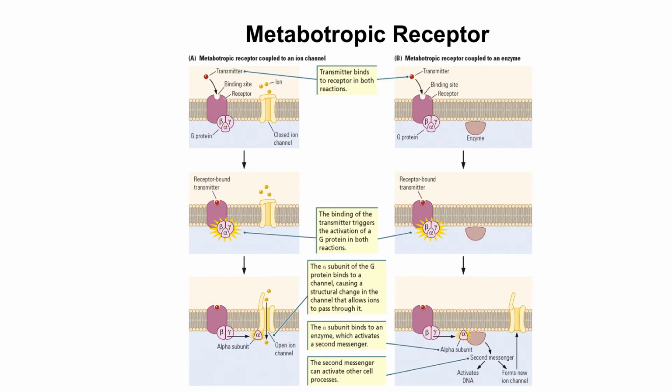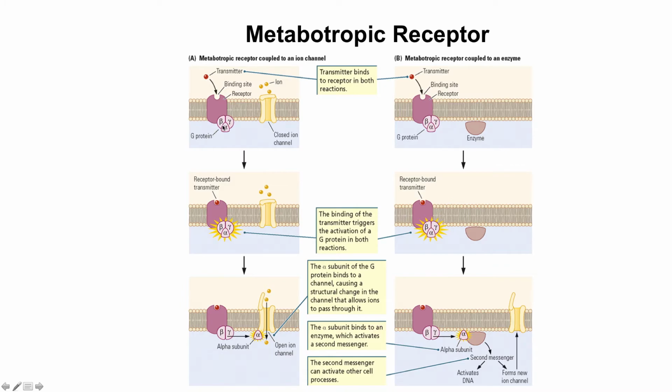Okay, so here you see a metabotropic receptor. There are two different types of effects it can have whenever a neurotransmitter binds to it. Here you see the receptor, and here you see, for example, a channel. And on this side you see the receptor right here, and here you see an enzyme.